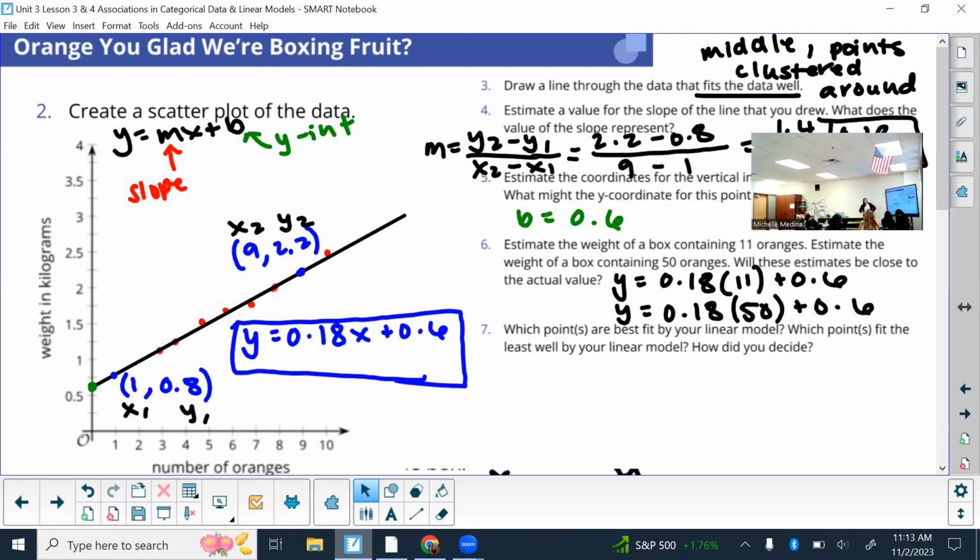All right, so we're not moving on until someone can verbalize that, because that was one of the learning parts. We interpret slope and y-intercept in context of the situation. So when we found the slope to be 0.18, what? Harley?